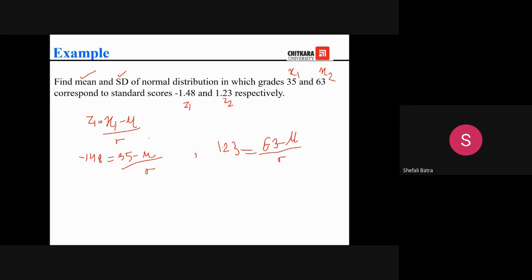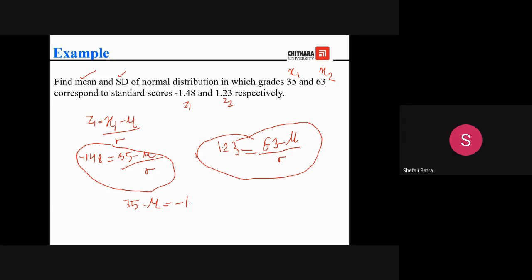Right? So from these two, you'll be getting two equations in mu and sigma. So simply you can solve this. Like I'm writing 35 minus mu is equal to minus 1.48 sigma. Similarly, 63 minus mu is equal to 1.23 sigma.